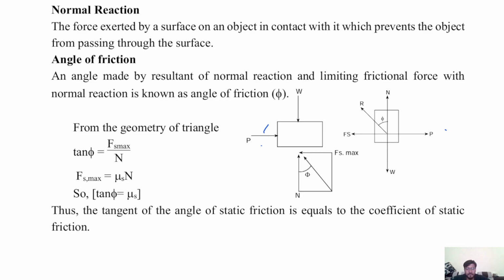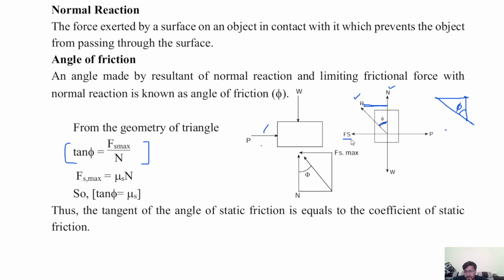So, from the geometry of the triangle, this is the angle of friction phi, the angle made by this resultant and the normal reaction. From the geometry of the triangle, tan phi is equal to Fs max divided by N. In this triangle, this is the angle of friction.